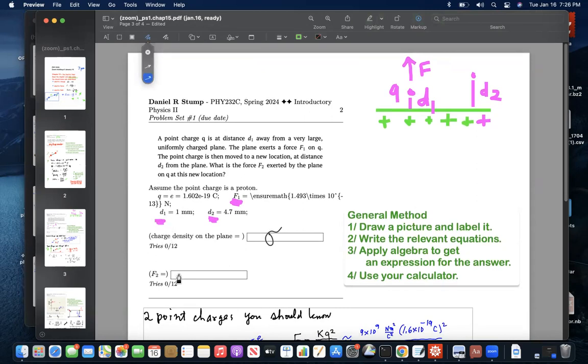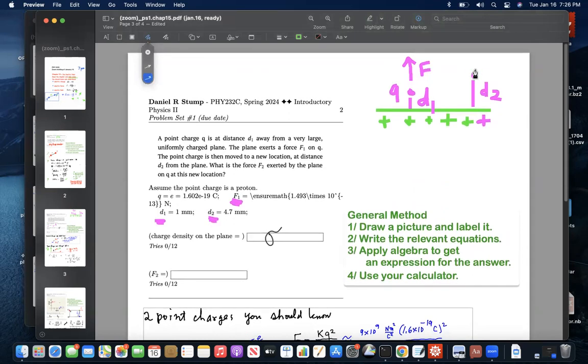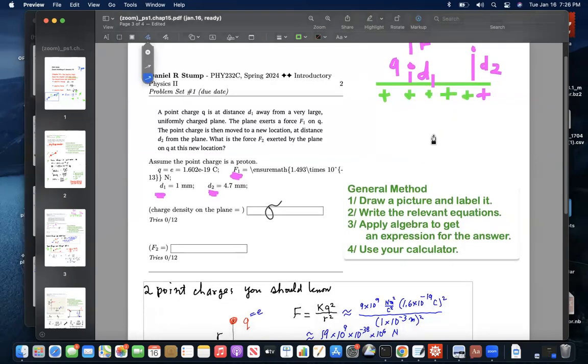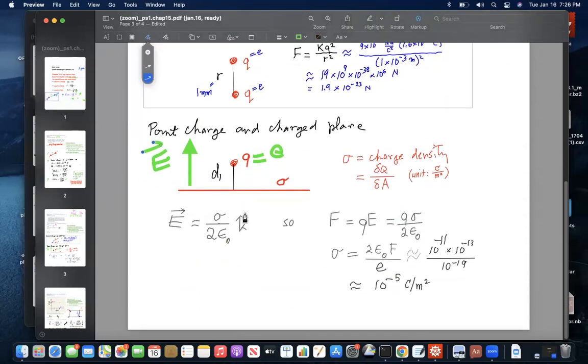What about the second answer box? What if you moved the charge over here to a longer distance? Instead of 1 millimeter, make it 4.7 millimeters. Well, then what would be the force? Well, this is the force, no matter what the distance is.